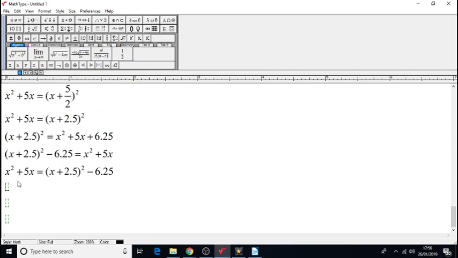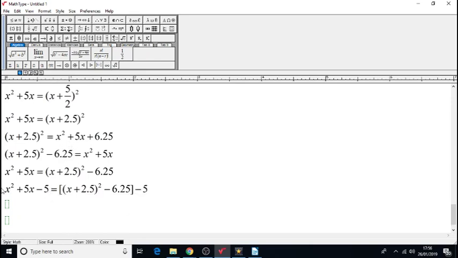So it'll be x squared plus 5x minus 5, just like the original equation. What you do to the left hand side, you also do to the right hand side. So you'll also minus 5 on the right hand side. So that'll be (x plus 2.5) squared minus 6.25 minus 5.